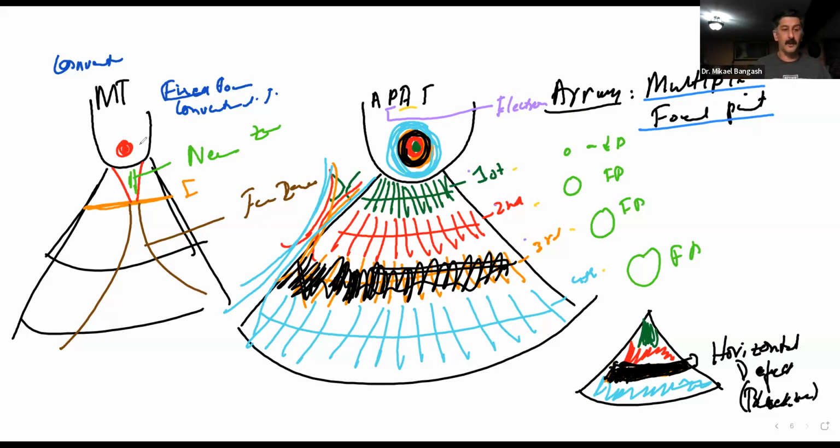So for your mechanical transducer, if this was damaged, the whole image became black. Here it's going to be dependent upon which PCT was damaged. Clear? You have a defect along that area. If it was the green that was defective, then you may have had nothing here.